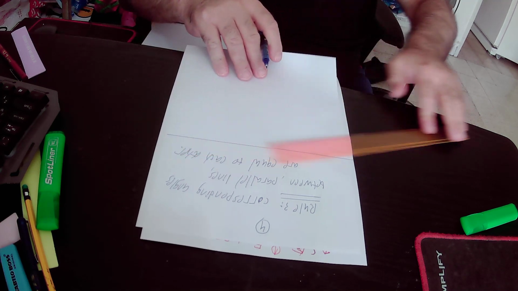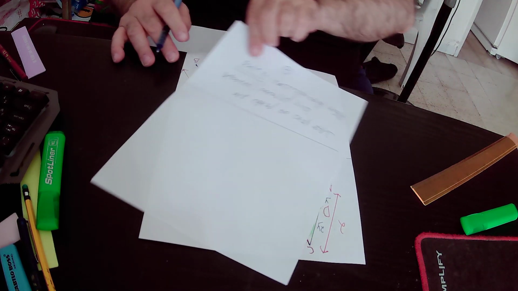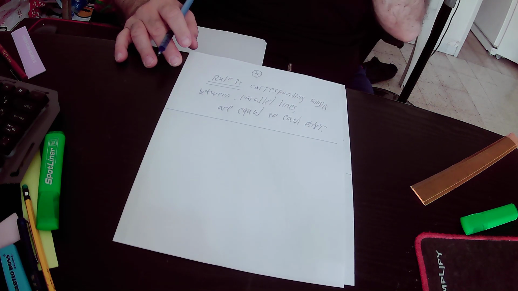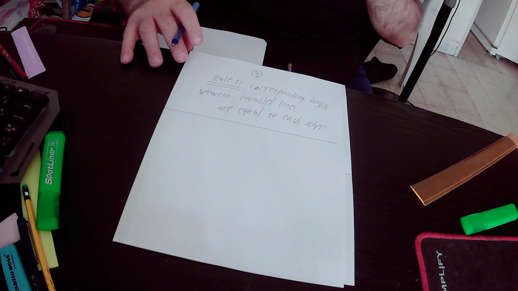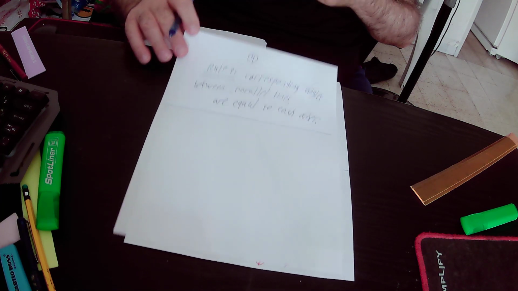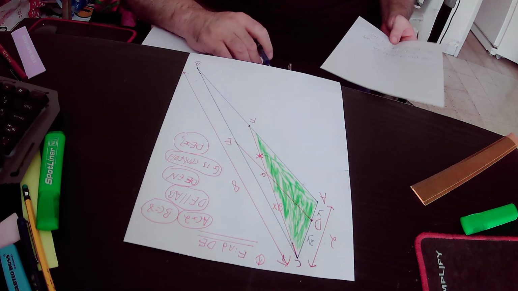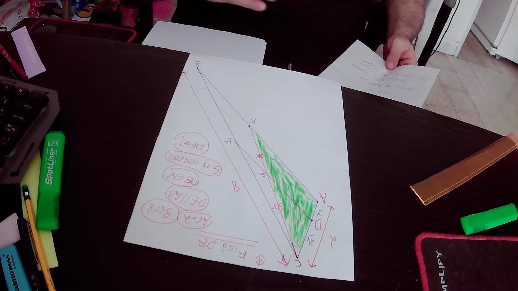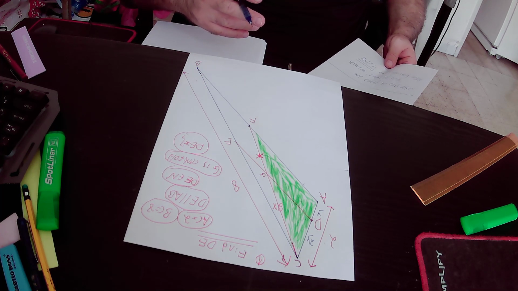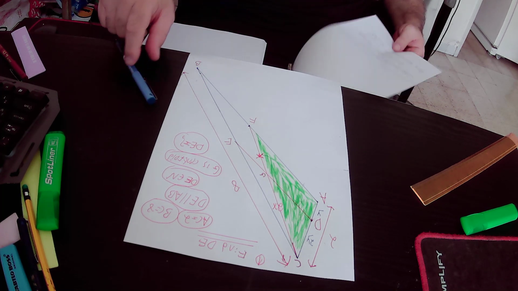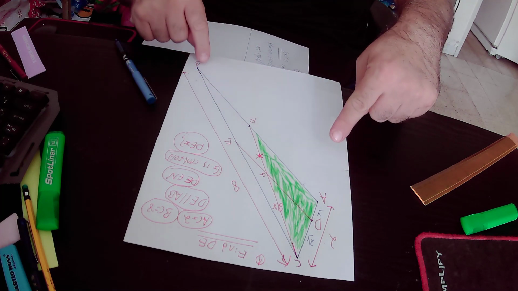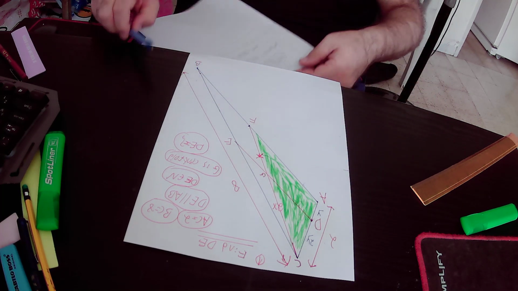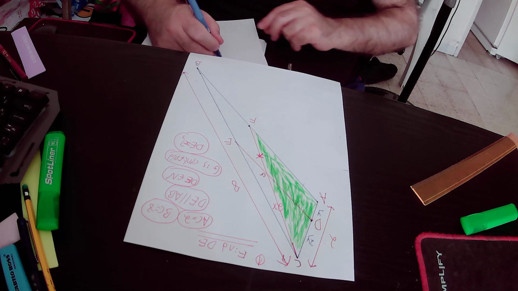Now I will read rule number 3 again. Rule number 3 states that corresponding angles between parallel lines are equal to each other. Okay, so actually we can implement rule number 3 in our drawing, because in our drawing we know that line segment DE is parallel to AB.